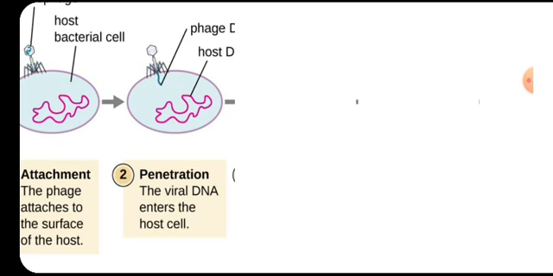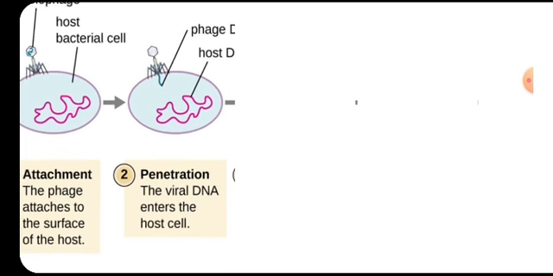So this event is just similar to the syringe action. So this is how the phage DNA is injected into the bacterial cell cytoplasm. That is the second step, penetration. The viral DNA enters in the host cell.